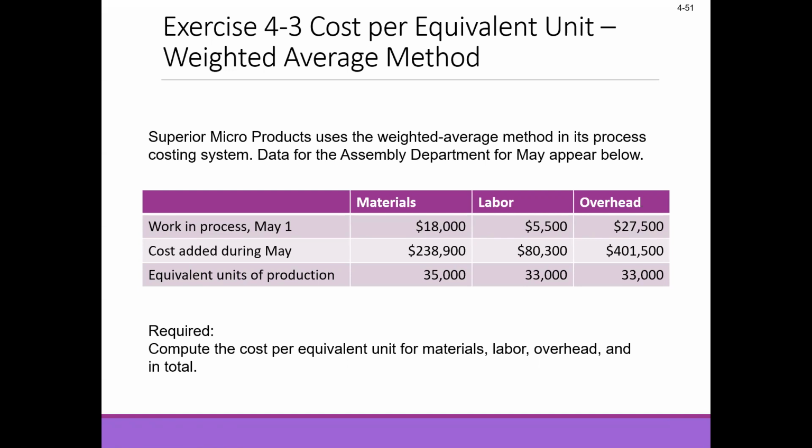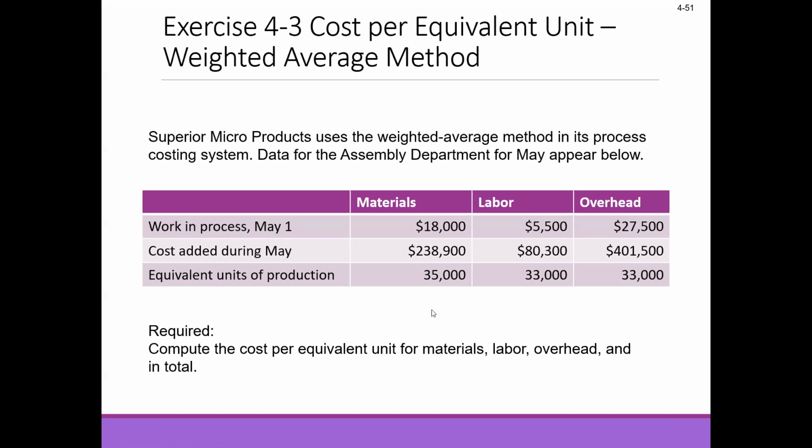And they've also given us our equivalent units of production for materials, labor, and overhead. So our job is to compute the cost per equivalent unit for materials, labor, overhead, and in total.